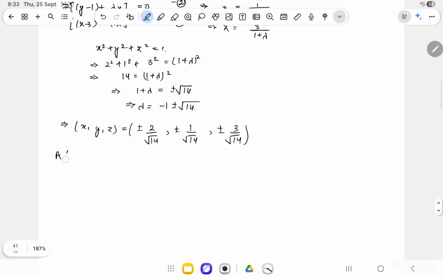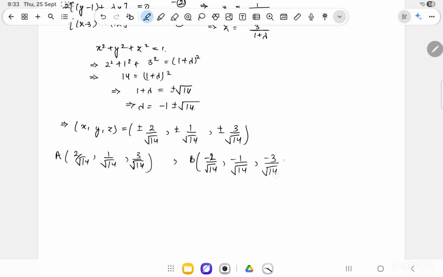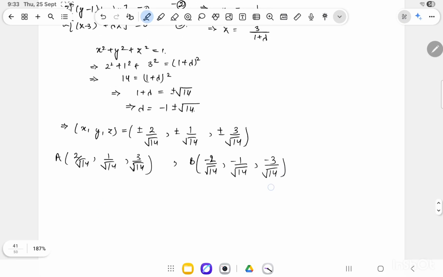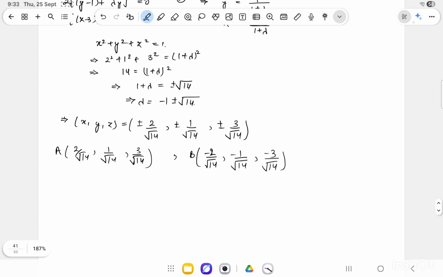Let's name them: A as 2 by root 14, 1 by root 14 and 3 by root 14, and point B as minus 2 by root 14, minus 1 by root 14 and minus 3 by root 14. So I got these 2 points where the distance PQ can attain extreme values.